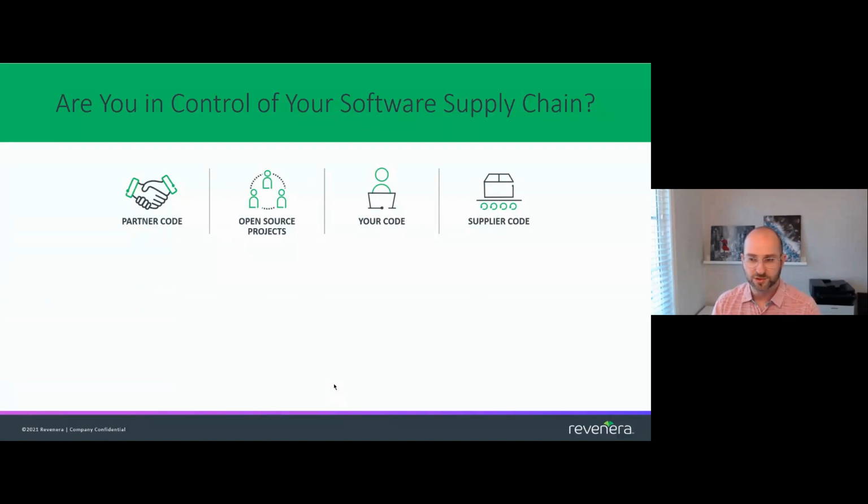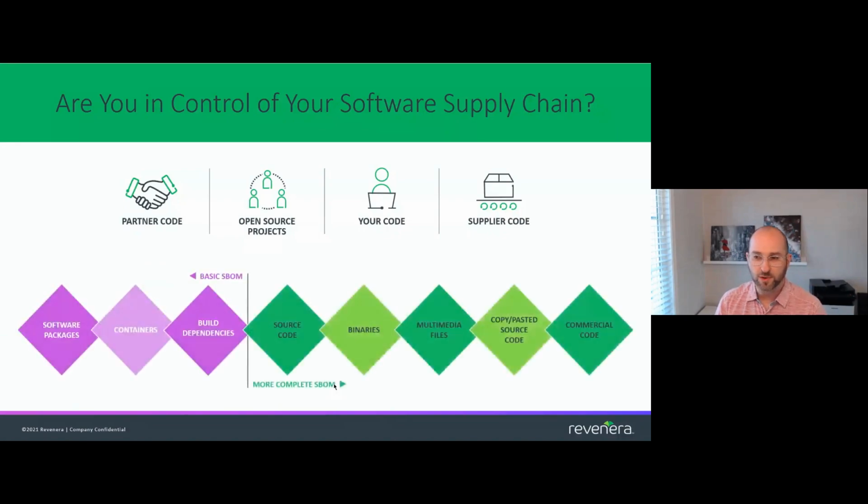And it's really important to understand that each one takes a different perspective to be able to control that. So when we boil it down to all the different ways that code comes into your final product, there's a line there, right? Everything to the left of the line, which we call the basic software bill of material, is based on your dependencies and your transitive dependencies, the software packages that you use, the third-party container elements that you have.